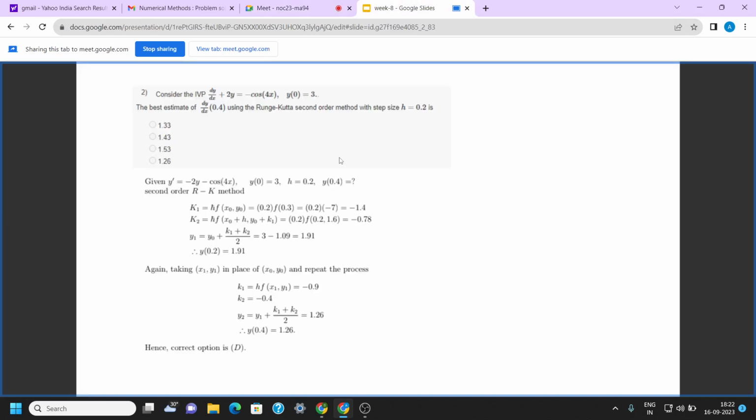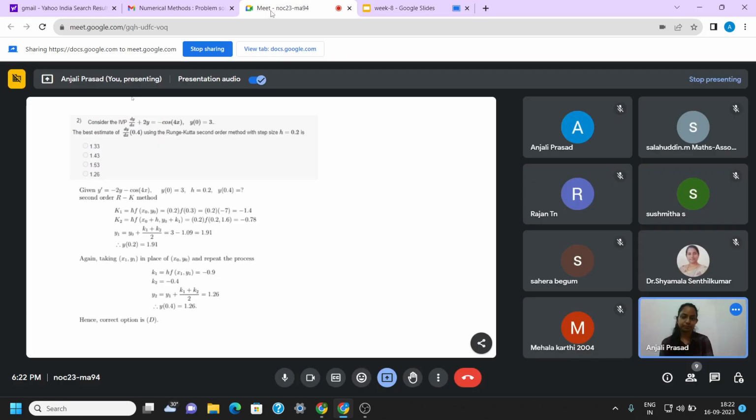So is it clear to everyone? Question number 2. Have we got the best estimate as 1.26? Is everyone getting 1.26? Or if you have any doubt, let me know.